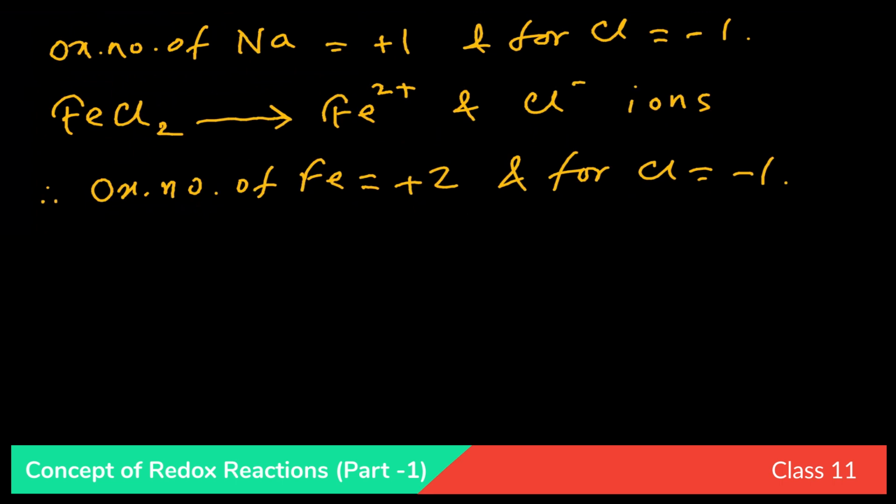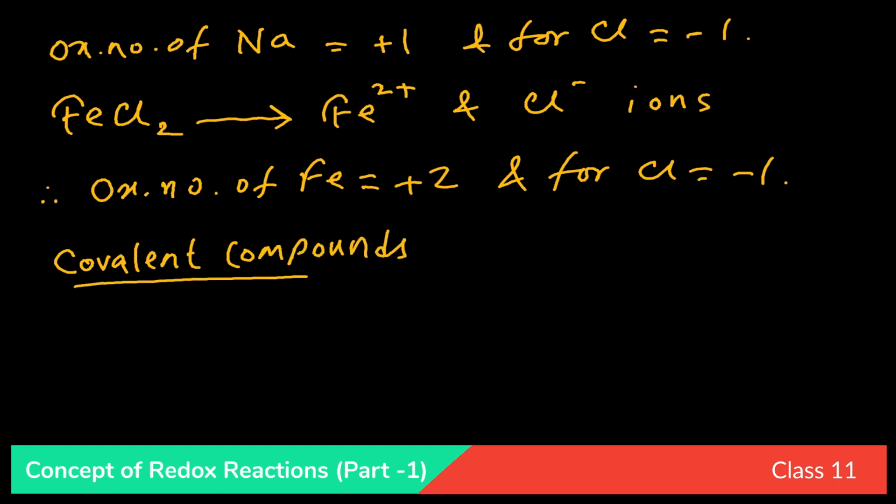Now what about the covalent compounds or covalent species? For a covalent compound, the oxidation number, I will explain with an example, will be equal to the number of electron pairs that the atom shares with one or more atoms of different electronegativities in the compound.